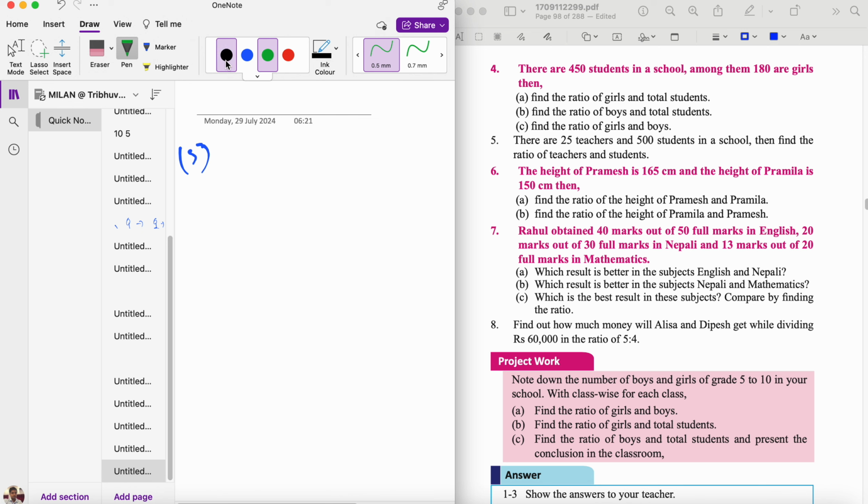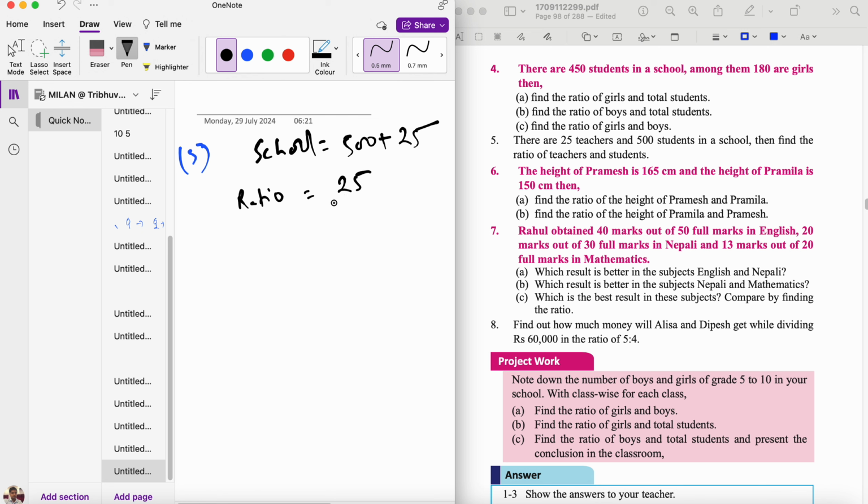Now there are 25 teachers and 500 students in a school. What is the composition of the school? 500 students and 25 teachers. Then find the ratio of teachers to students.